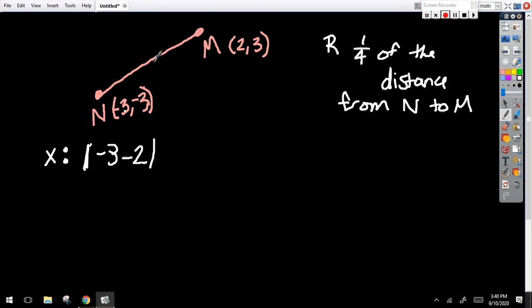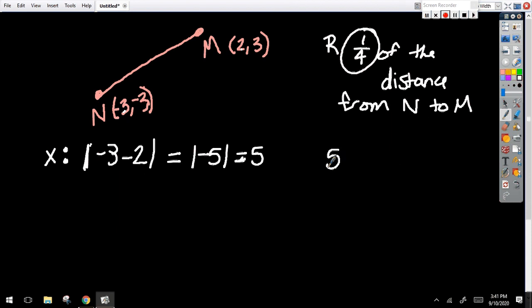So what that means is 1.25 units from here, I get a quarter of the way over. Okay? So if I take that coordinate, which was -3, right? -3, and to it, I'm going to add 1.25 because that is a quarter of the distance. Then what I get is -1.75. That is the x coordinate of the point that is a quarter of the distance.